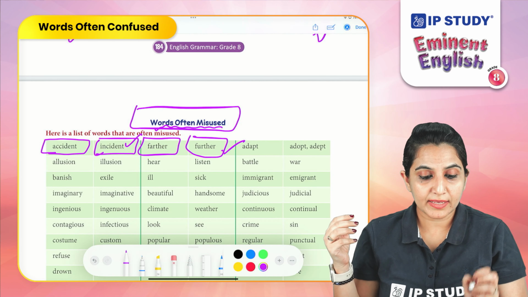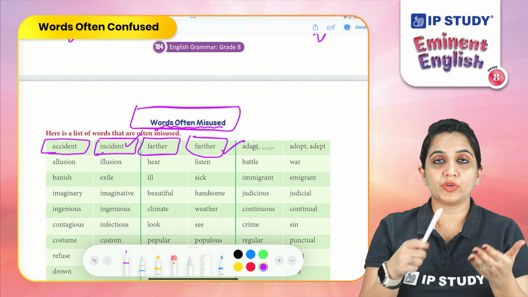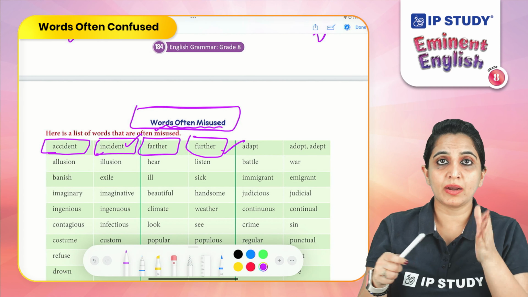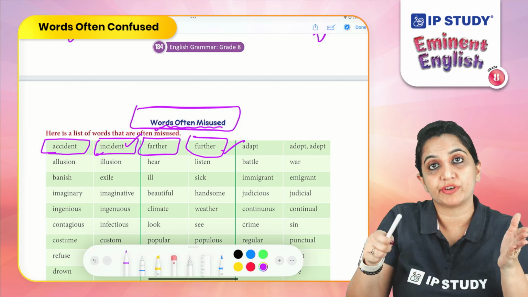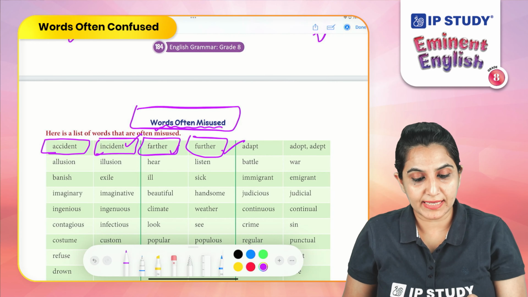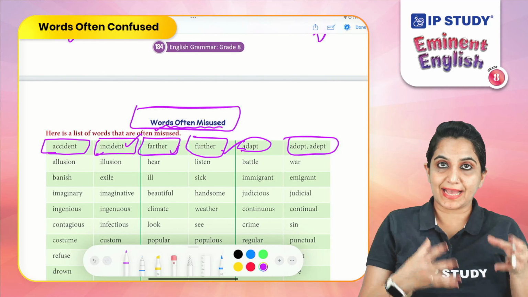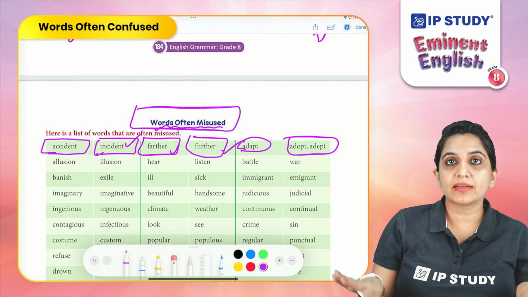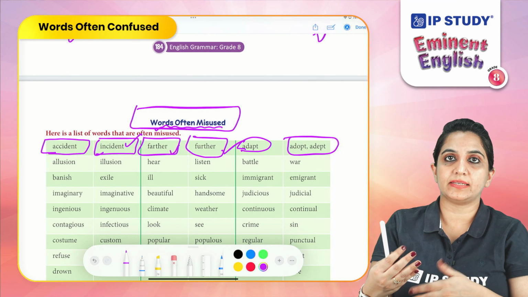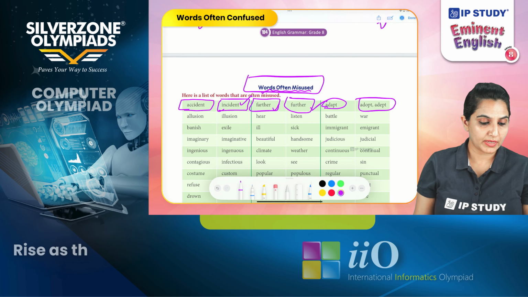Farther, further. Further is used when we're going further in something, right? When you are going in a series and then you're going further, not backwards, like forward and further. Farther means you're going at a distance. Adapt, adopt. Adapt is when you get comfortable in a situation, but adopt is when you take something with you or when you adopt someone, right?